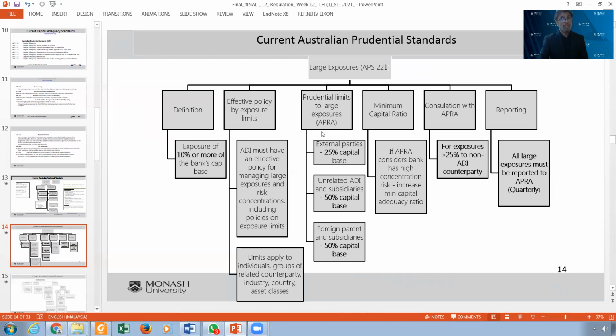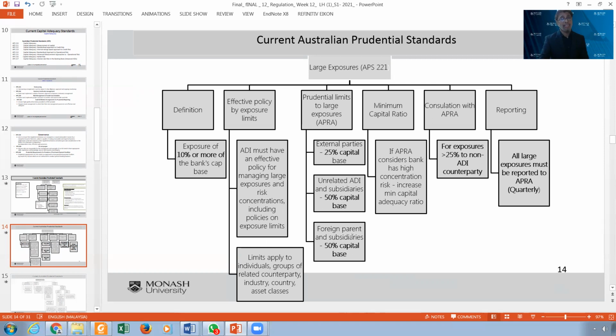They have to have prudential limits on large exposures. You can go up to 25% of your capital, and you can go to unrelated ADIs up to 50%, or foreign parent and subsidiaries up to 50% of your capital as loans. That is also expected.